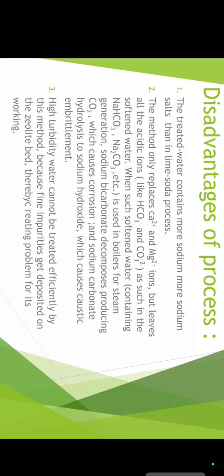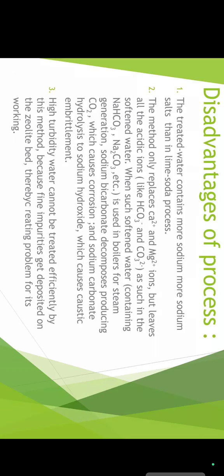Water containing fluorine and manganese cannot be treated because regeneration is very difficult. This process cannot be used for softening brackish water because brackish water contains sodium ions, so the ion exchange reaction will not occur.